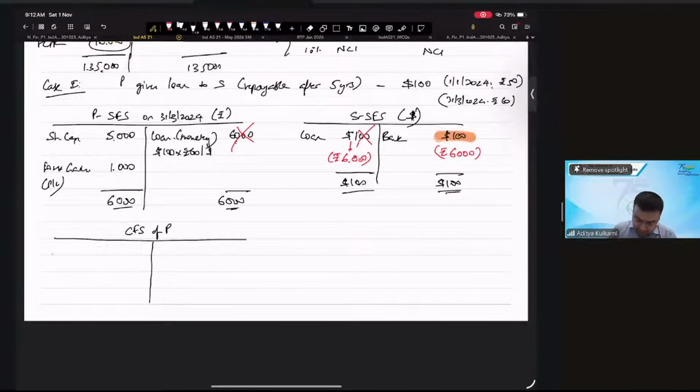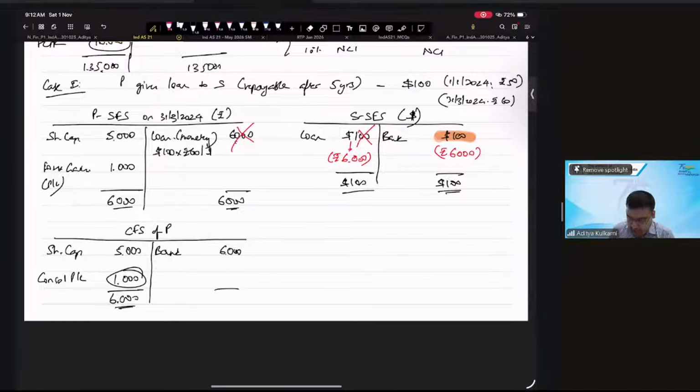You will have share capital. This will not change. This new bank balance will come of 6,000 rupees, and you will be left with 1,000 of consolidated P&L, which is essentially the foreign exchange difference. Are you able to follow? Yes, sir.